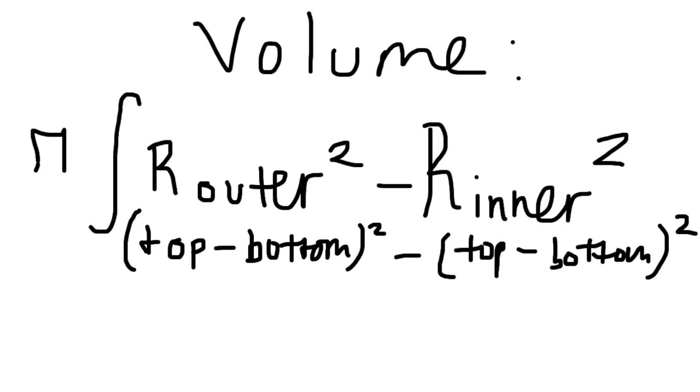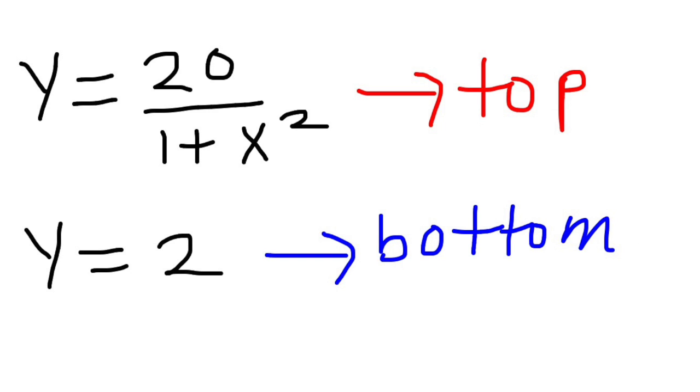And so you have to do R outer, which is the function that is furthest away from the x-axis, minus R inner, which is the function that is the closest to the x-axis. So in this case, once again, the outer would be 20 divided by 1 plus x squared, and the inner is y equals 2.